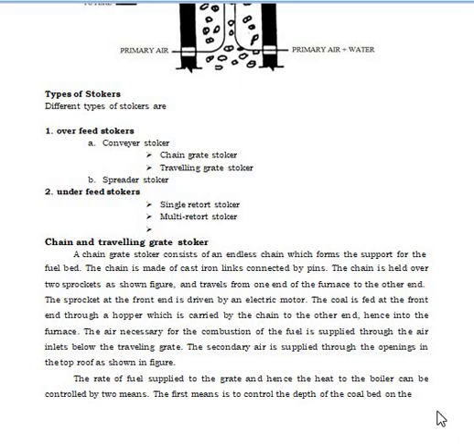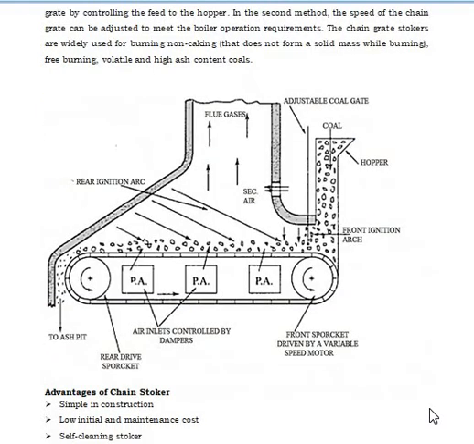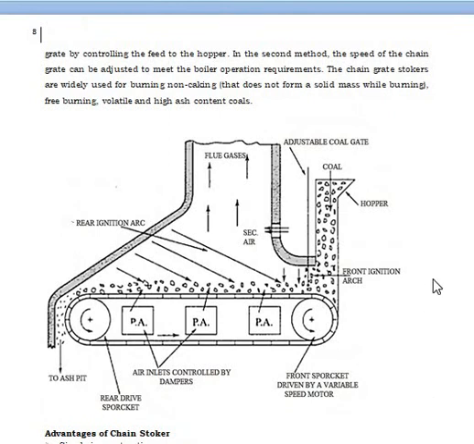The rate of fuel supplied to the grate, and hence the heat to the boiler, can be controlled by two means. The first is to control the depth of the coal bed on the grate by controlling the feed to the hopper, and in the second method the speed of the chain grate can be adjusted to meet the boiler operation requirements.